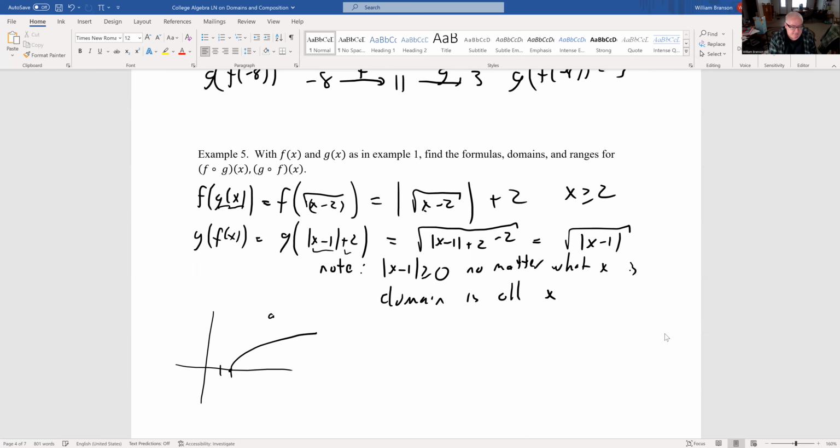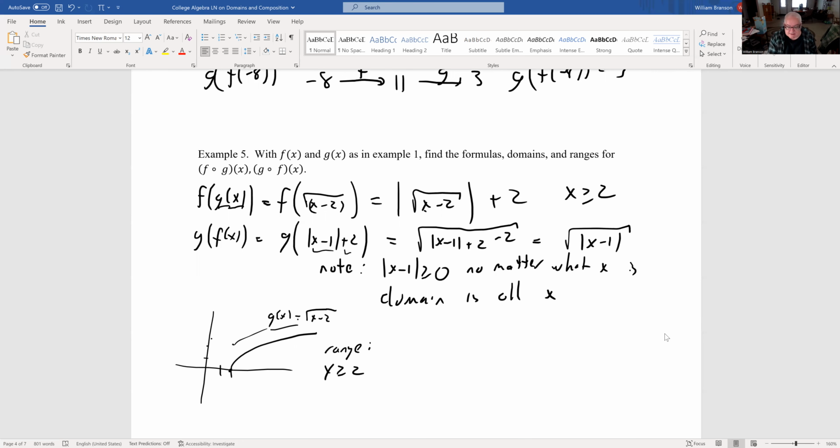So this is the graph of g of x equals square root of x minus 2. And if you take the absolute value of this, well, the y values are all positive, so nothing much happens. And then you add 2, so you just get the same graph moved up 2. So the range is going to be y greater than or equal to 2.